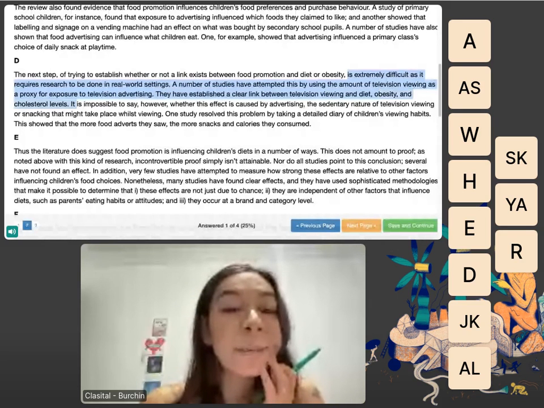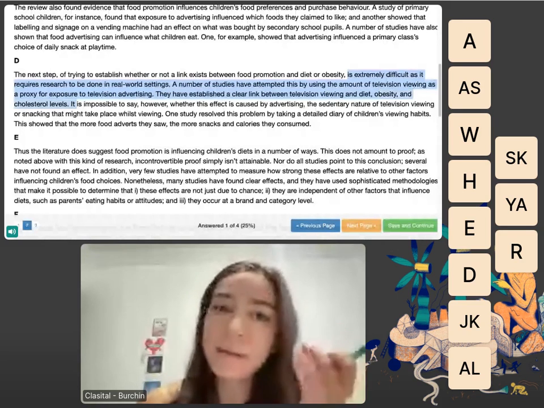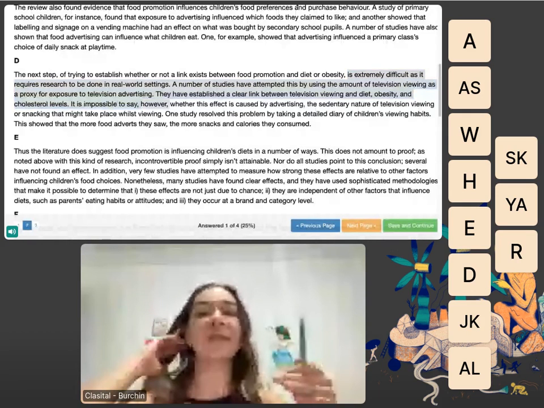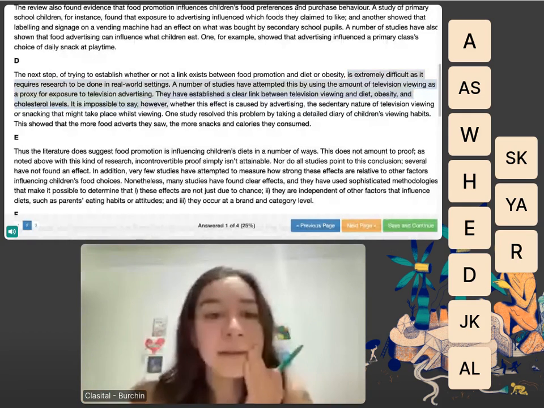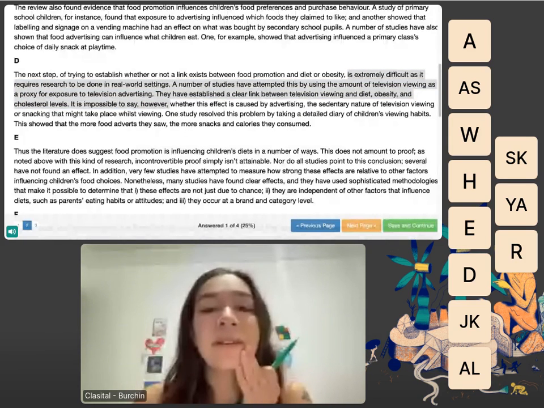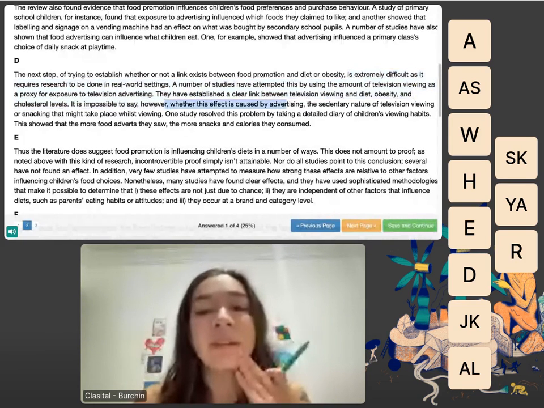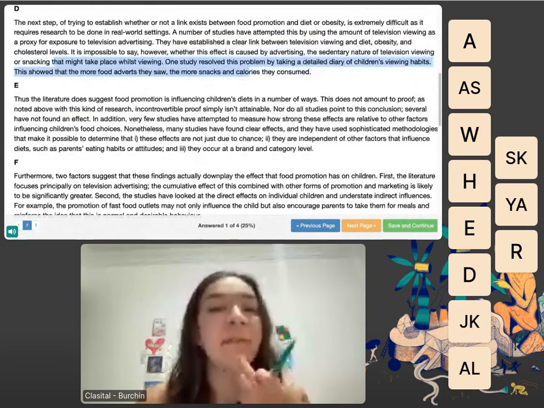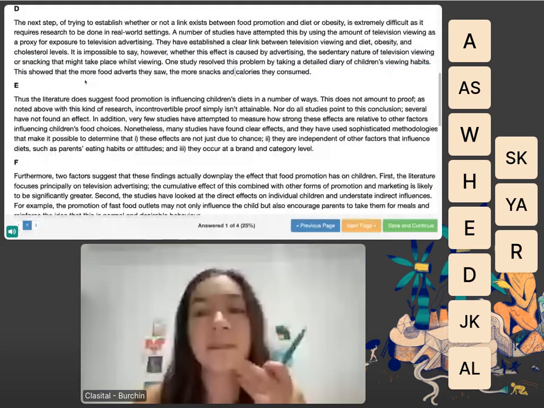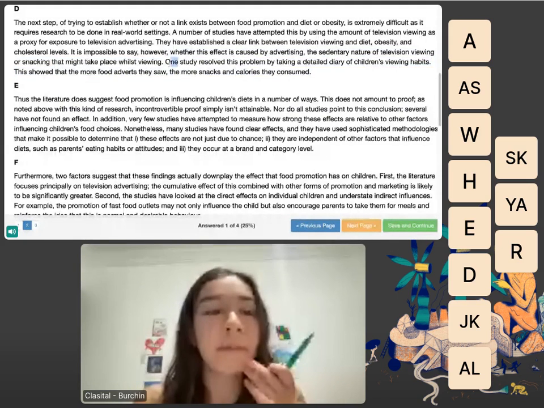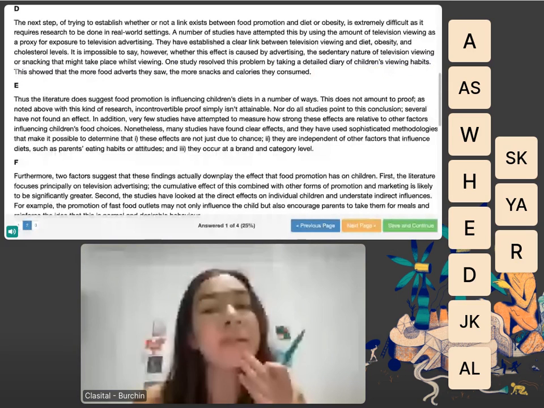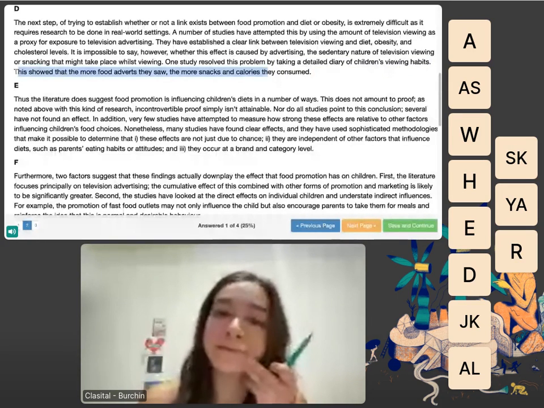It is impossible to say, however, linking words, it's coming to trick us. However, whether this effect is caused by advertising, the sedentary nature of television viewing, or snacking that might take place while viewing, a detailed diary of children's viewing habits showed that the more food adverts they saw, the more snacks and calories they consumed.